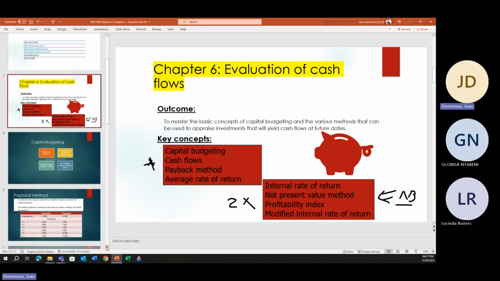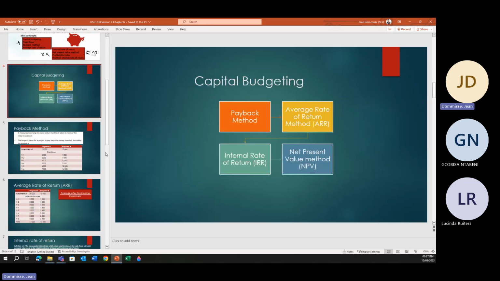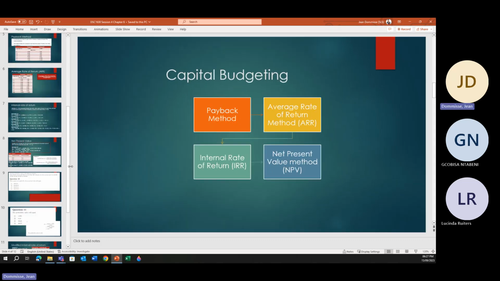Okay, so let's just again go through some definitions, some information. So again, the things that we will look at, and I have some examples for most of them, is firstly the payback method.